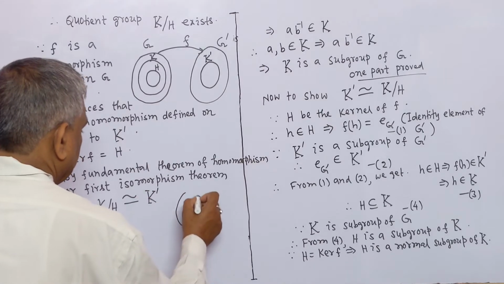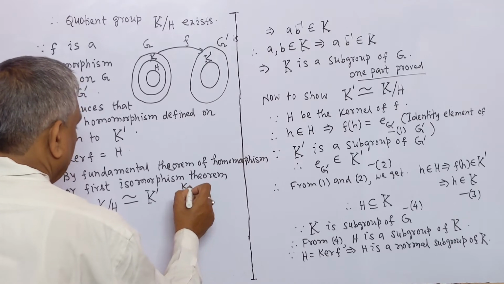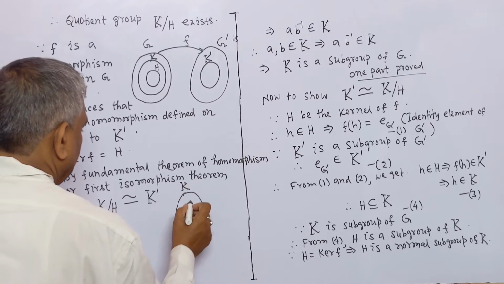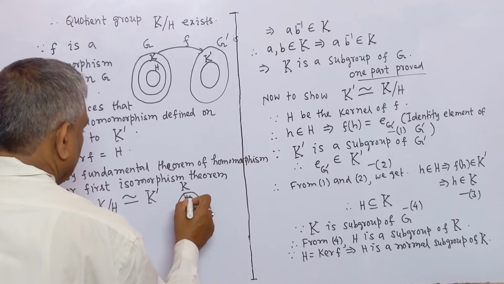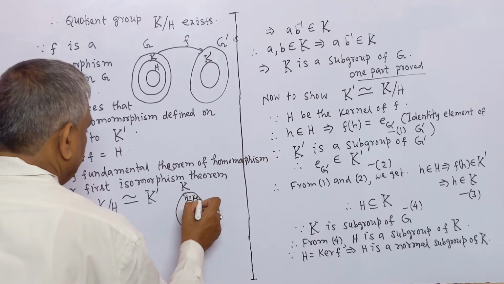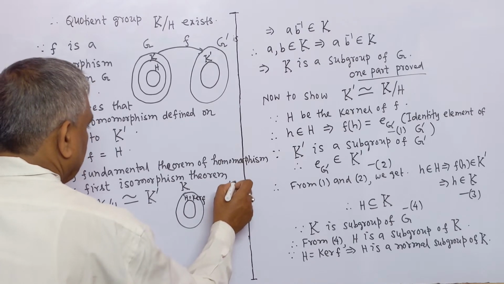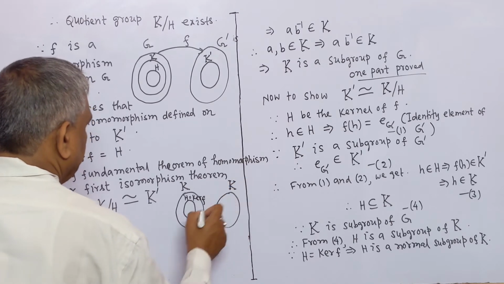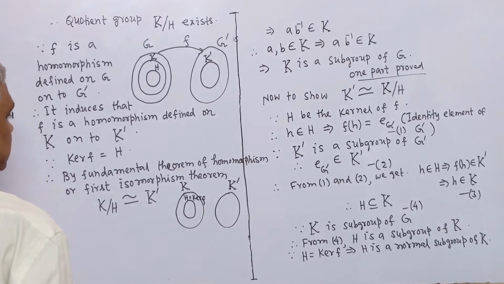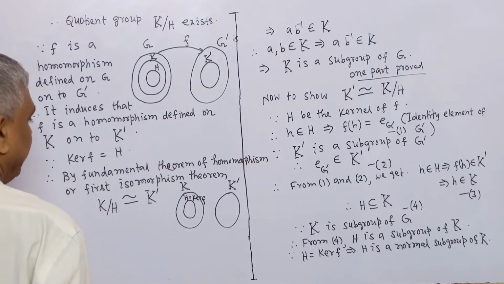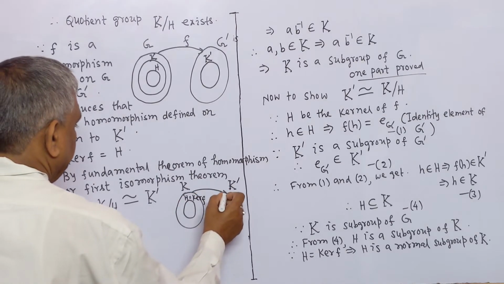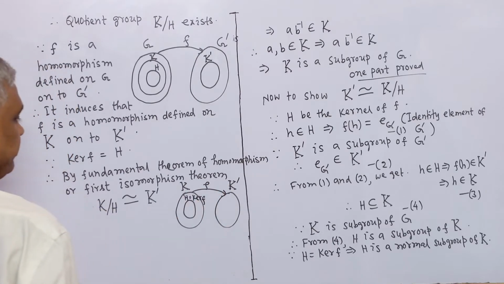Here this is K and this is H equals kernel of F, and this is K prime, another subgroup of G prime. F is an onto homomorphism.